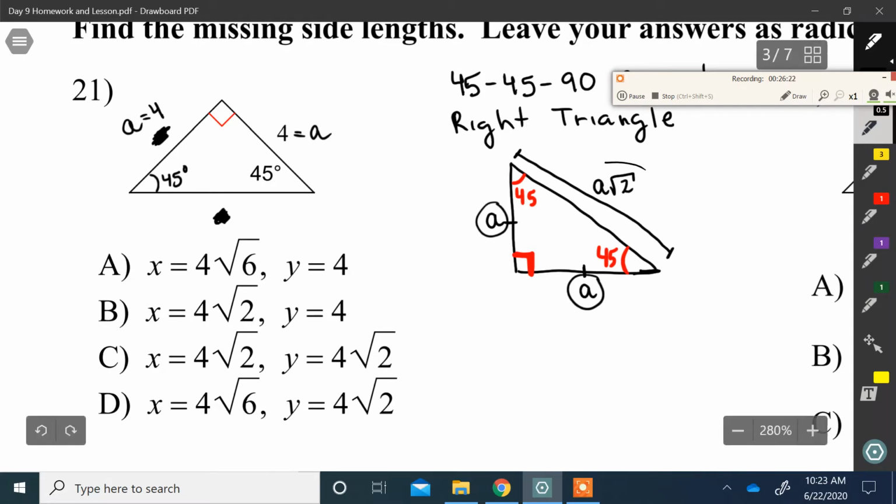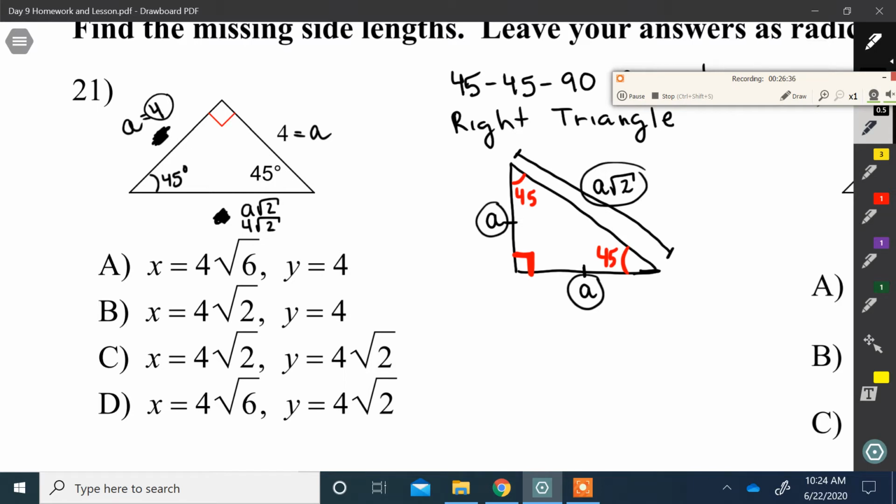And this right here, which is the hypotenuse, will be A times the square root of 2. Well, what is A? A is 4. So I replace the A with the 4, and I get 4 square root of 2 right there. You guys see what I did there?